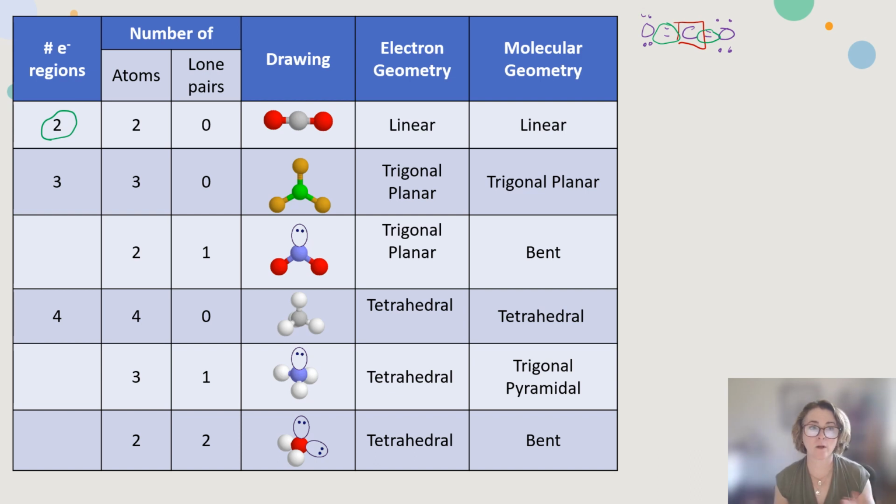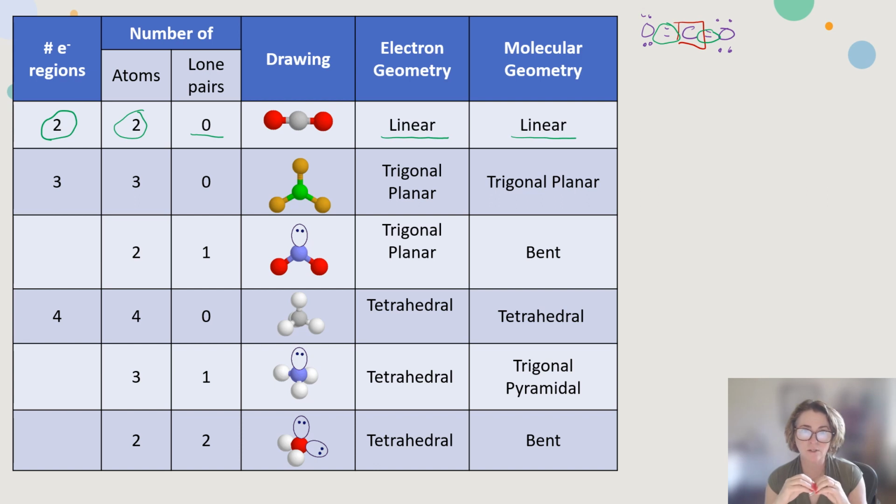Now, I want to investigate how many lone pairs and how many atoms I have around that carbon. Well, in this case, I have two atoms and I have 0 lone pairs. That means that the electron geometry and the molecular geometry are both going to be linear. That electron geometry is determined by where those electron regions are.